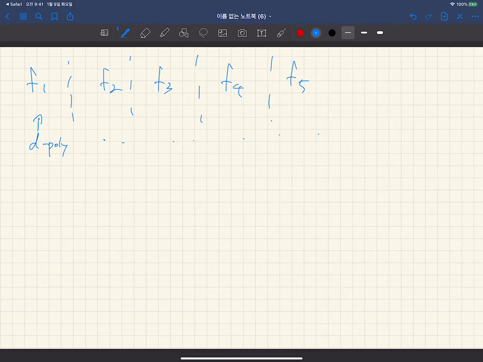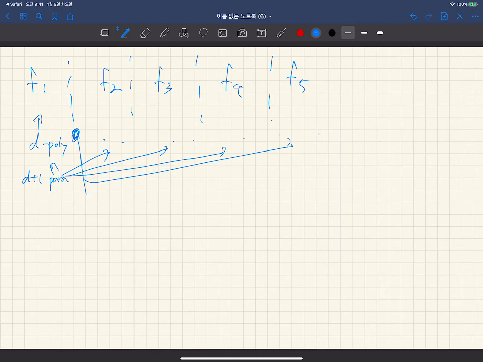So each function has d plus 1 parameters, right? With constraints for each boundary. This is eta 1, eta 2, eta 3, eta 4. This is called a knot, a boundary.